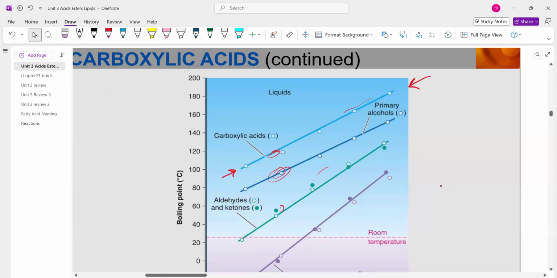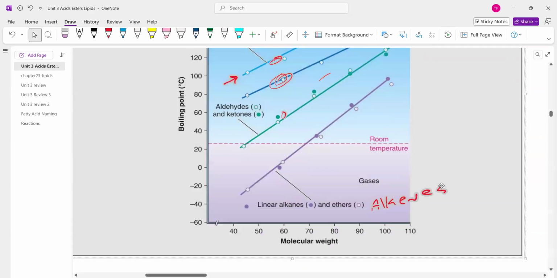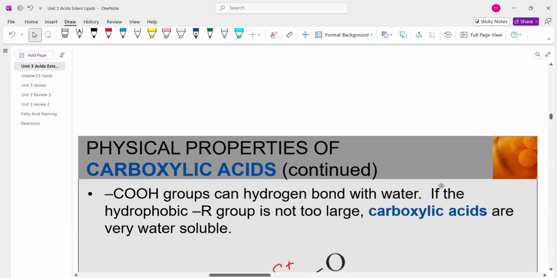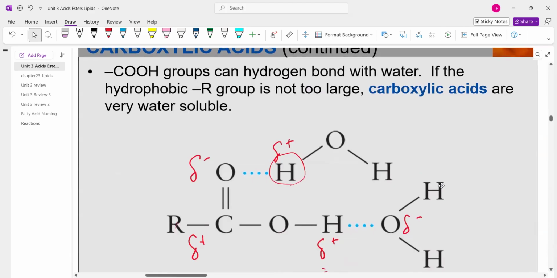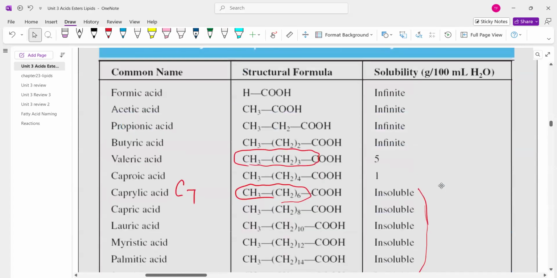And here's our good old graph that we always say. Notice again, carboxylic acids at the very top. Because carboxylic acids are extremely polar and water is very polar, carboxylic acids can be very water soluble, except for when we start getting long nonpolar backbones.